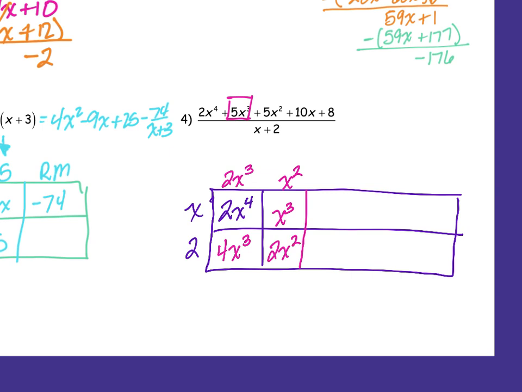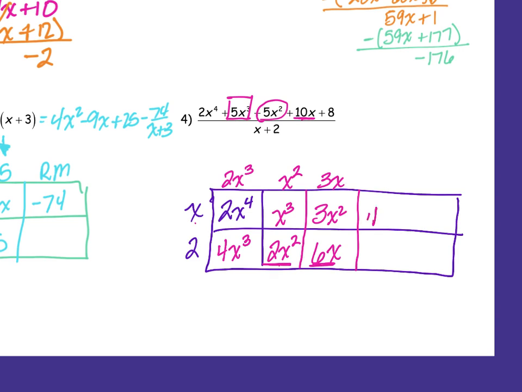So what do I add to 2x squared to get 5x squared? 3x squared. And what do I multiply x by to get 3x squared? 3x. And 3x times 2 is 6x. What do I add to 6x to get 10x?